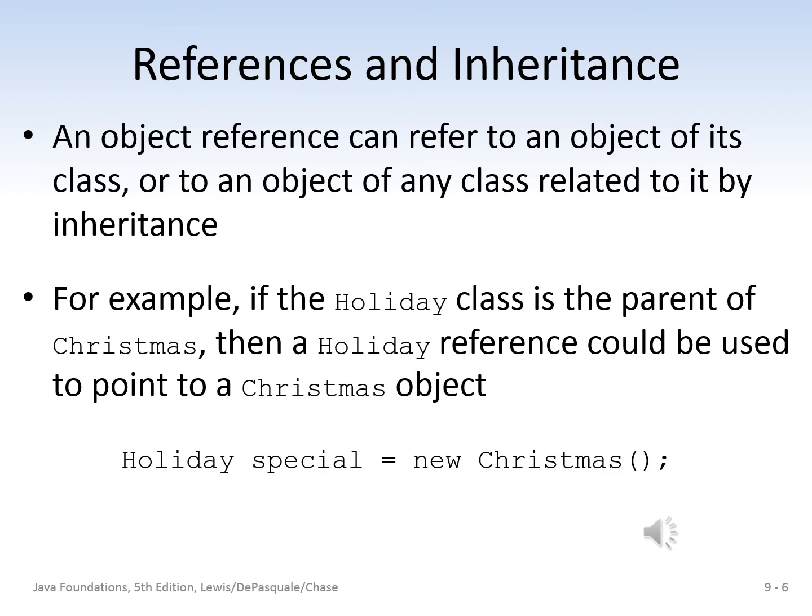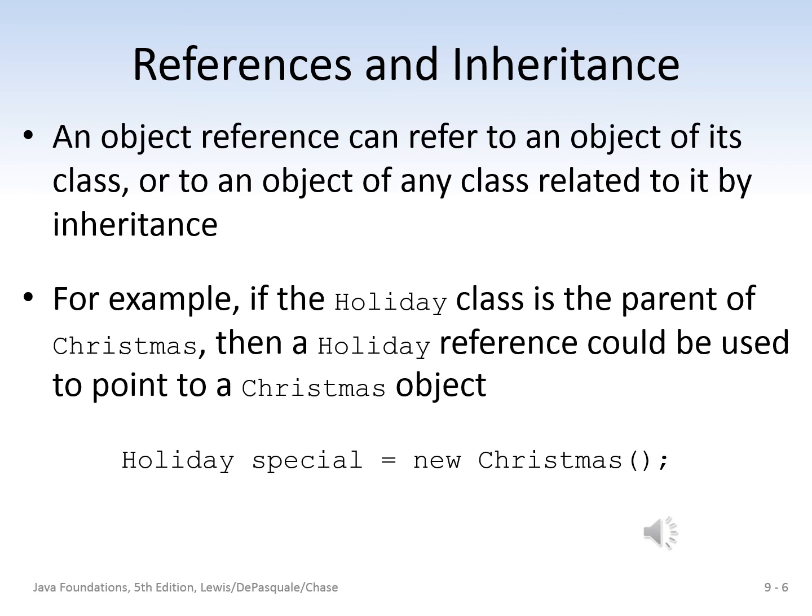So remember our lecture on inheritance. It's important that you understand those paramount concepts as we're talking about polymorphism. An object reference variable can refer to an object of its class or to an object of any class that is related to it by inheritance.